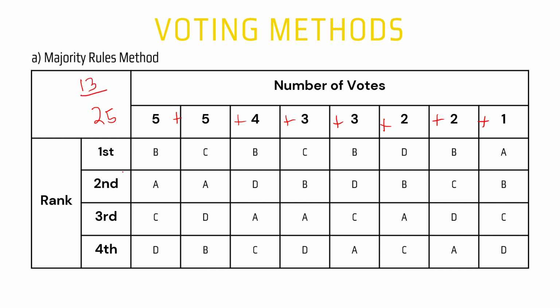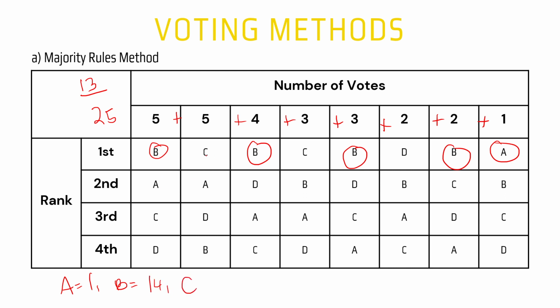So let's now get the total first place votes for each candidate. For candidate A, we have 1. For candidate B, we have 5 plus 4 plus 3 plus 2, so that is 14.